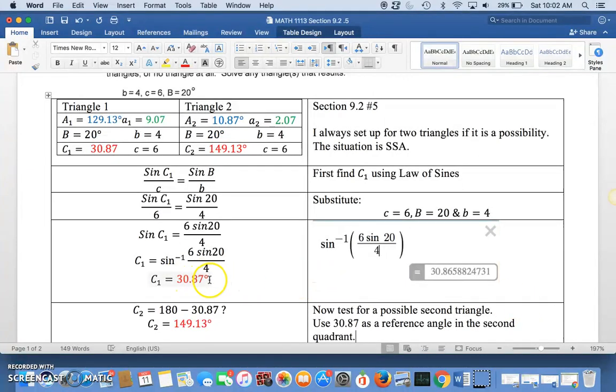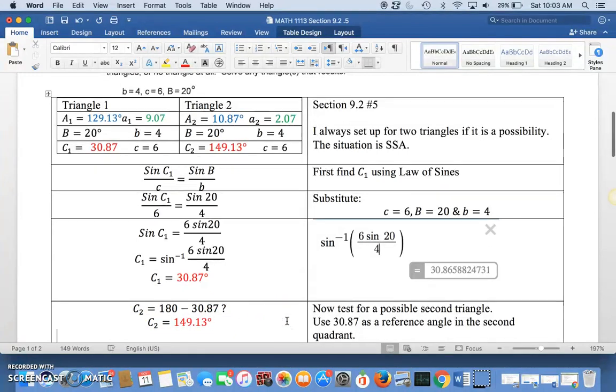So you've got C1. Well, you've got to determine if you do have two triangles, and if so, what's the possible next angle. This can be a reference angle for a much larger angle, so you would find what that larger angle is. If it's a reference, you take 180 and subtract that angle and you get 149.13.